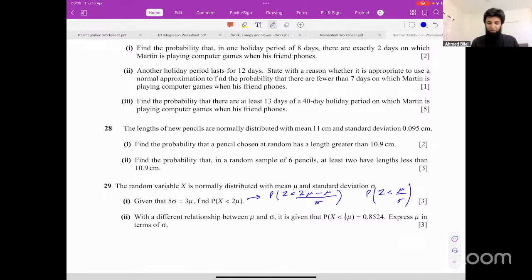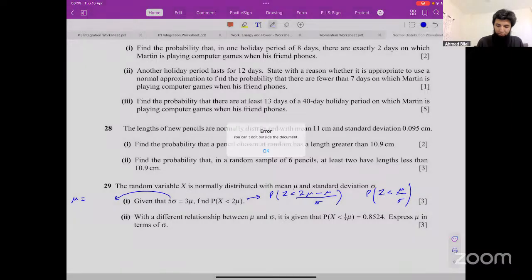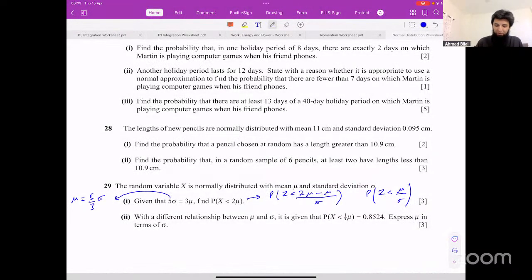So you would say, using this equation, let's find sigma in terms of mu or mu in terms of sigma. So for example, you could say mu is equal to 5 over 3 sigma. Can you do that? Right? Mu is equal to 5 over 3 sigma.